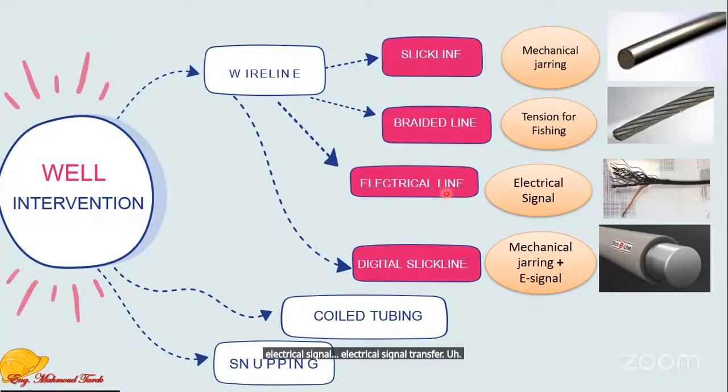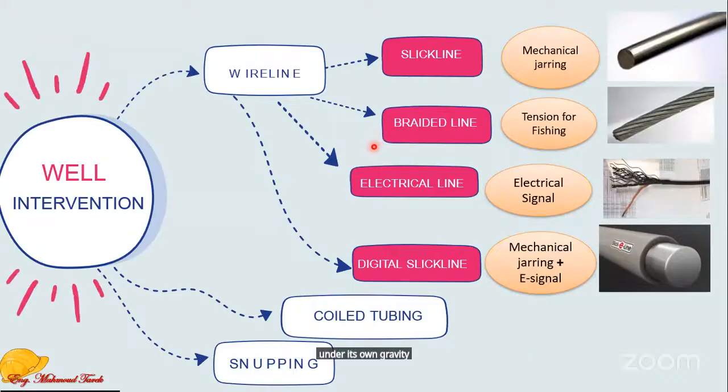All of those in the wireline family, slickline, braided line, E-line, and digital slickline, can be called wireline. The wireline cable is introduced to the well under its own gravity.